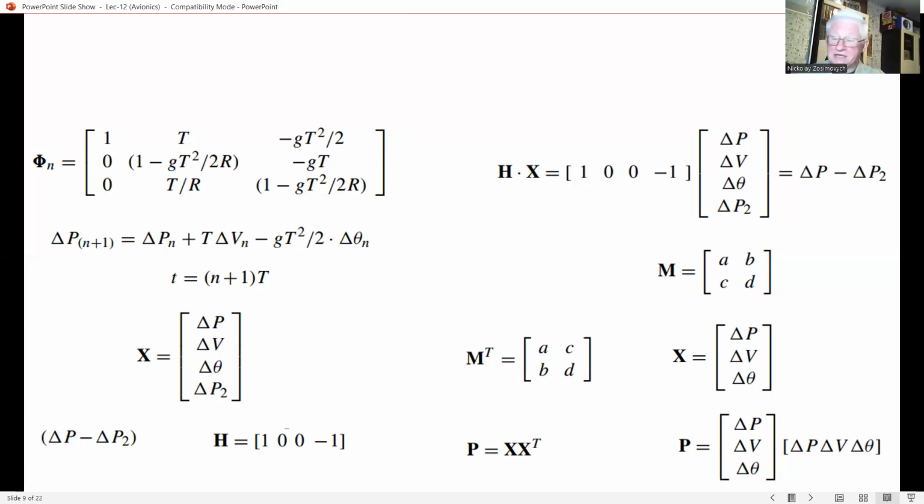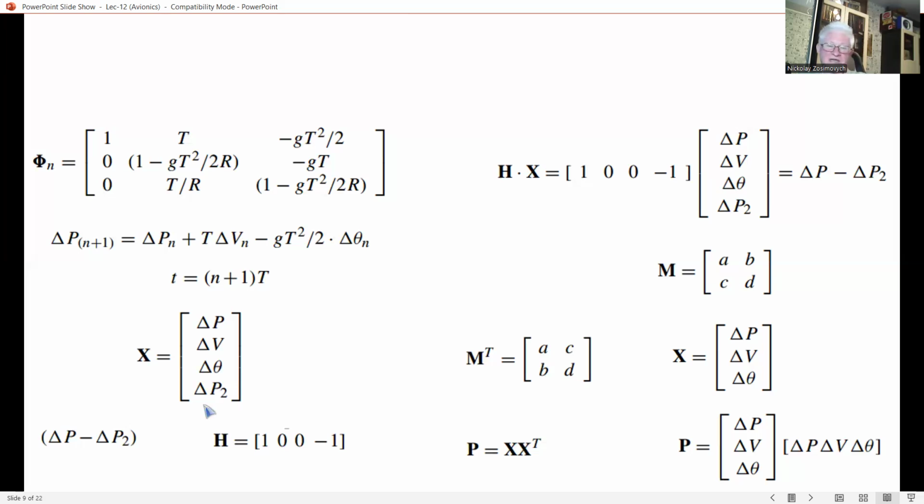The measurement matrix H is used to select the part of the component of the state vector X which is being measured. So, for example, suppose we have this total state vector X, represented by 4 components: delta P, delta V, delta theta, and delta P2.